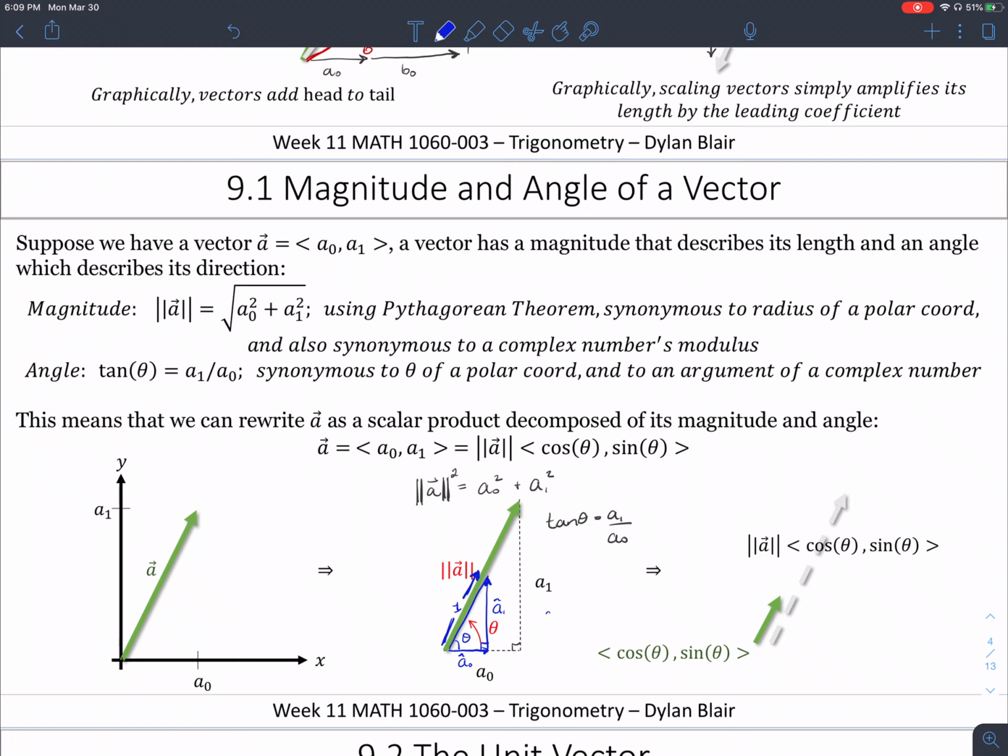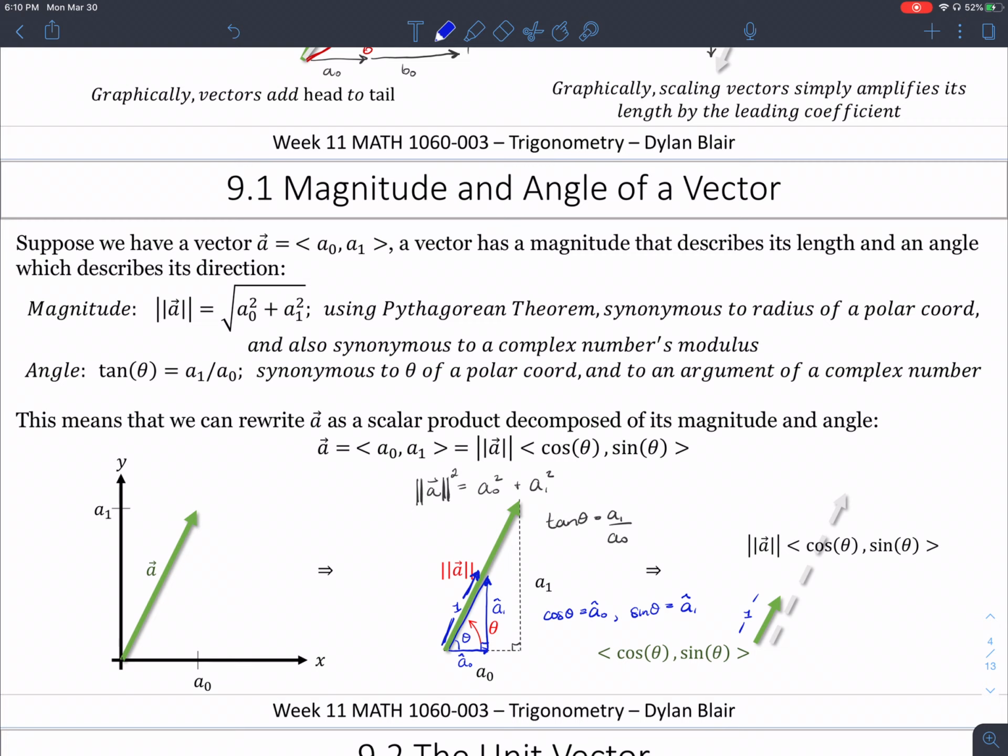And so we can say cosine of theta is equal to a naught hat over the hypotenuse, which is just 1. And we can say sine of theta is equal to a1 hat over 1, because that's the hypotenuse. And so the horizontal component is just that cosine of theta, and the vertical component is that sine of theta.